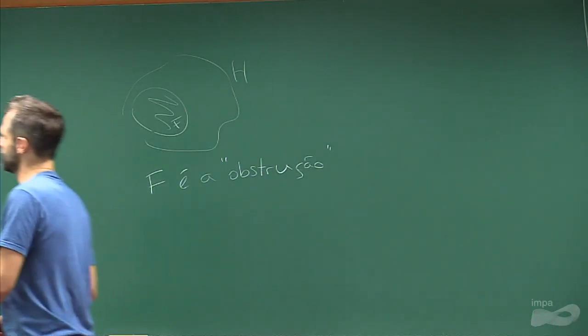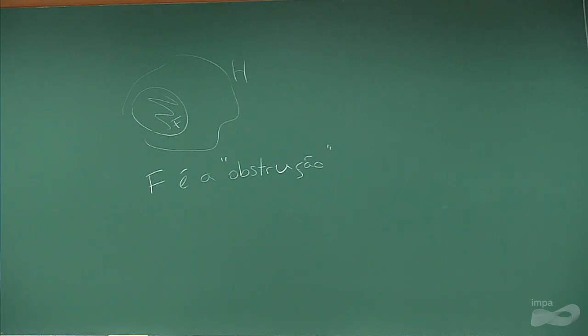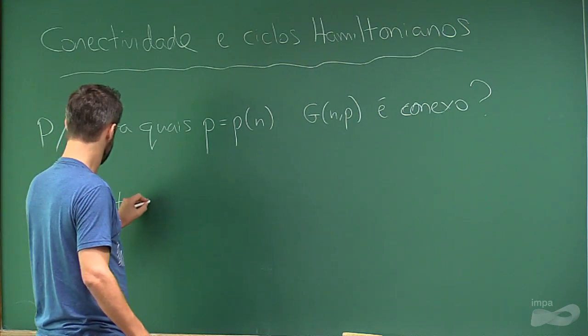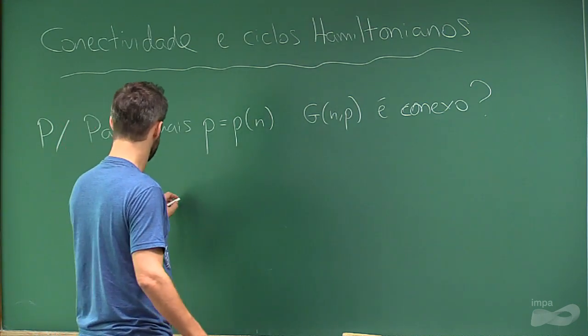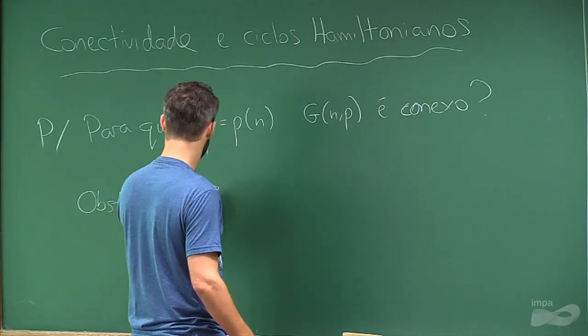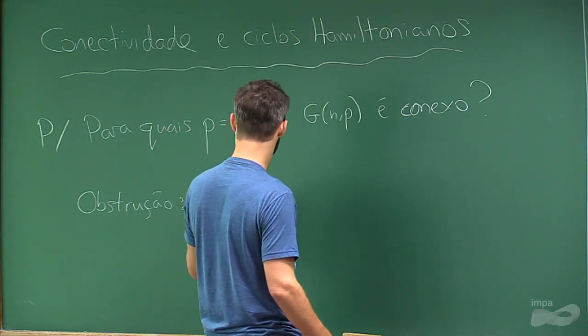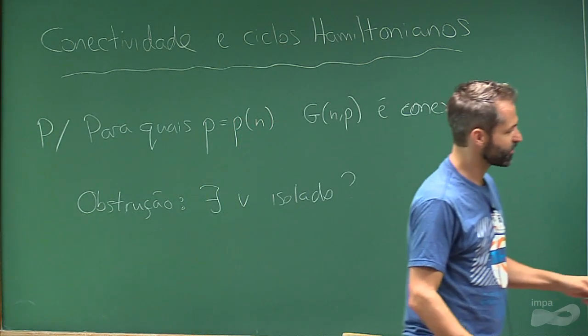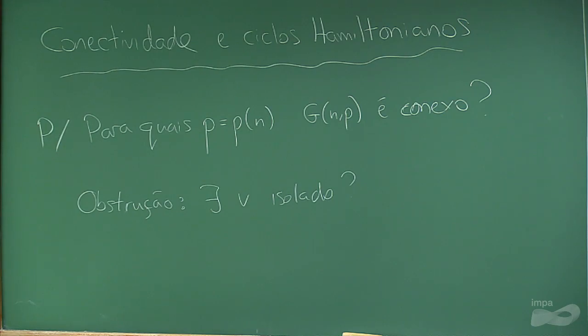Exactly. So the hope would be that the obstruction might be the existence of an isolated vertex. If there exists an isolated vertex, then certainly the graph isn't connected. And what did we prove last time?